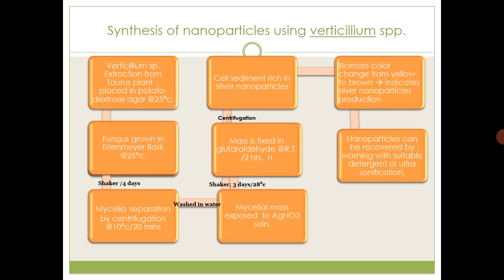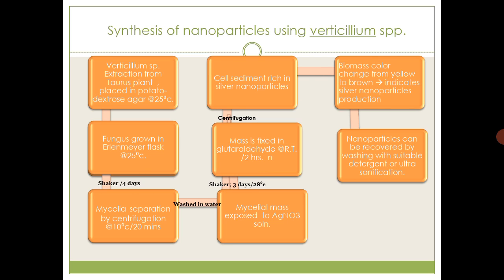After this, the mycelial mass is fixed in glutaraldehyde. This glutaraldehyde is used to preserve the mycelial mass that we harvested, and the mass in distilled water is maintained at room temperature for 2 hours.